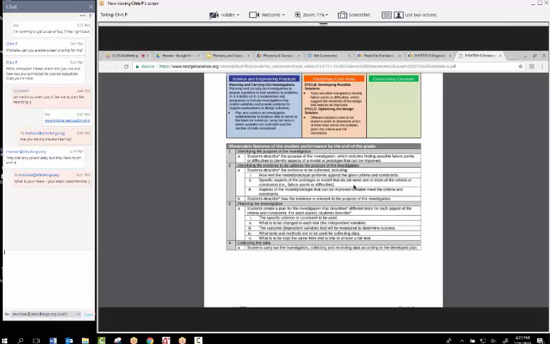And this really gives kind of an overview of planning the investigation and what that looks like through 3 through 5. And in my district, in my building, we do engineering, and then we meet planning and carrying out investigations through another one of our standards, which is actually energy, and how the energy of the sun is transferred through the ecosystem.